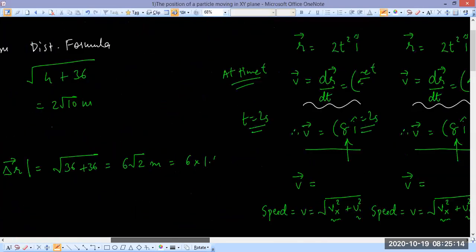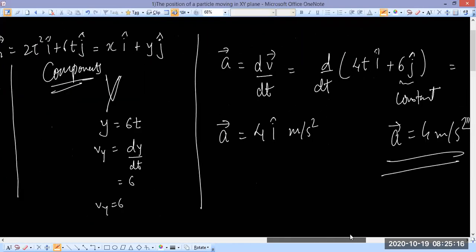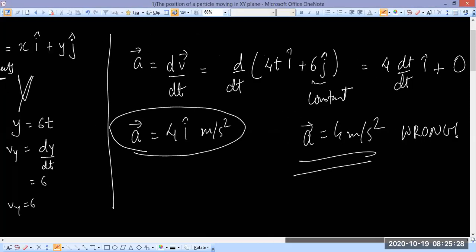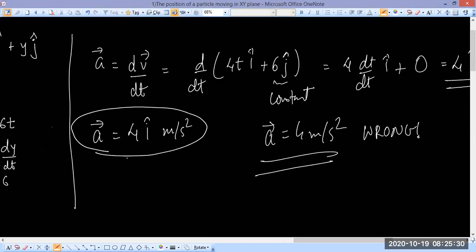So the correct answer is this. 4t નું ડિફરન્સિએશન થઈ ગયું t નું તો dt by dt 1 થઈ ગયું. So 4 i cap meter per second square is the correct answer.